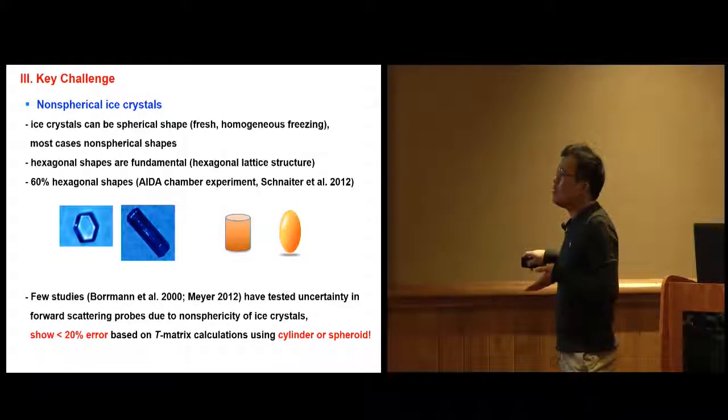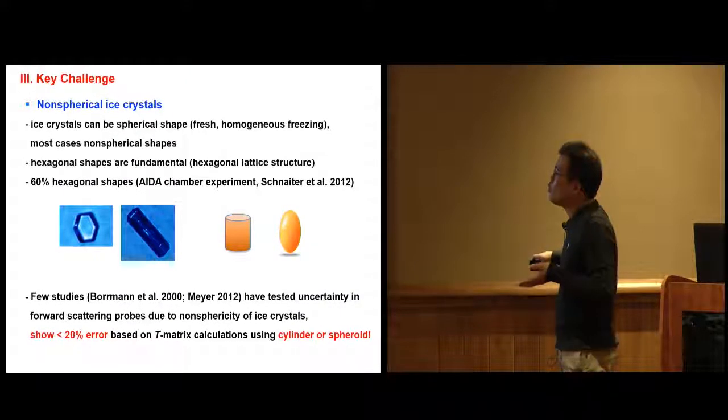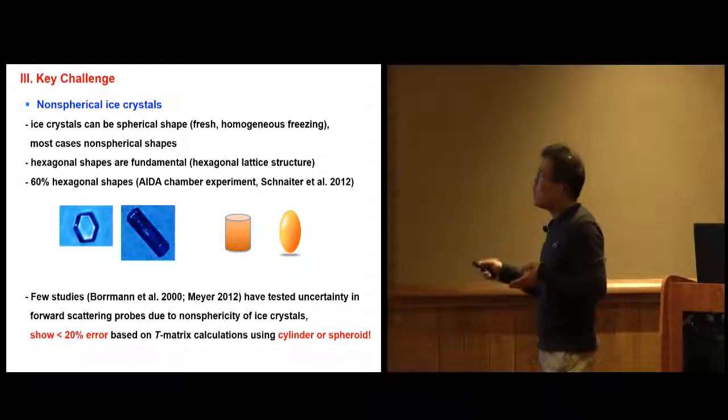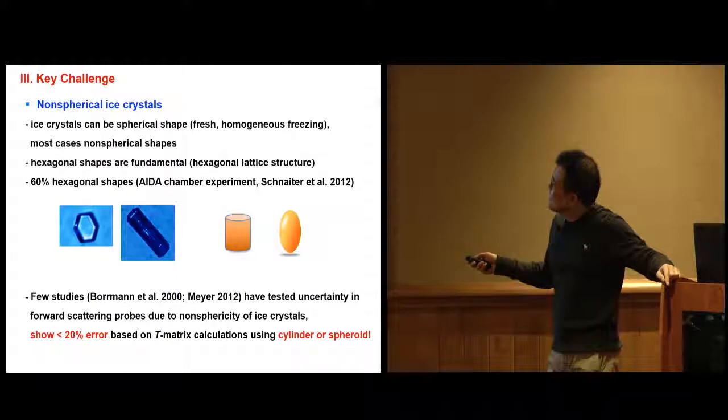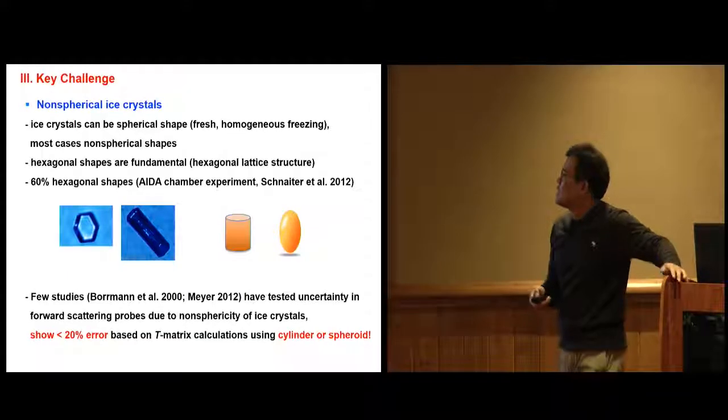However, their estimation is based on T-matrix calculations and assuming axially symmetric cylinders and spheroids here. Of course, such shapes are not real shapes of natural ice crystals.